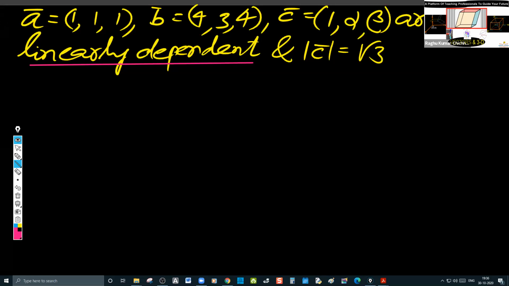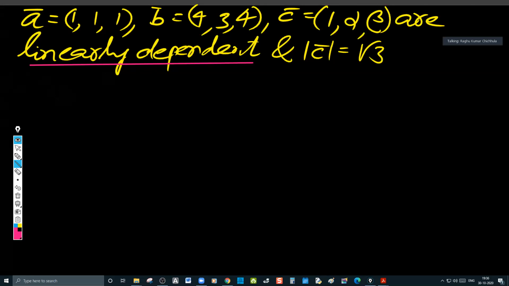Perfect. That means there exists a linear relation between them.